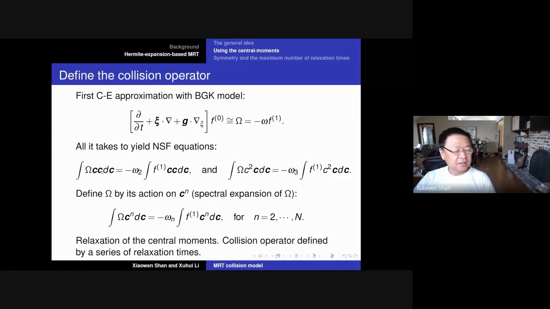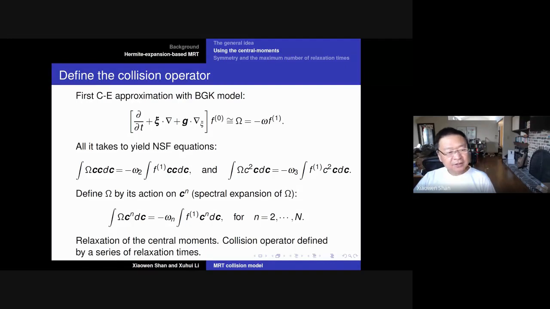That is, the second moment of the collision operator is a constant times the F1 second moment, and the third moment the same. So you only need these two expressions so that you can recover the Navier-Stokes.